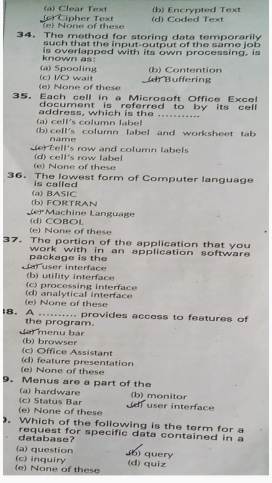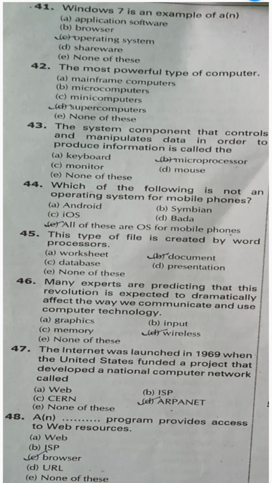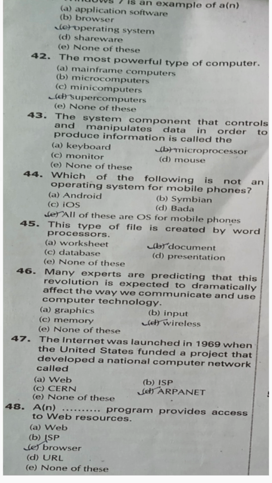A. Menu bar. 39. Menus are a part of the user interface. 40. Which of the following is the term for a request for specific data contained in a database? B. Query. 41. Windows 7 is an example of an operating system.